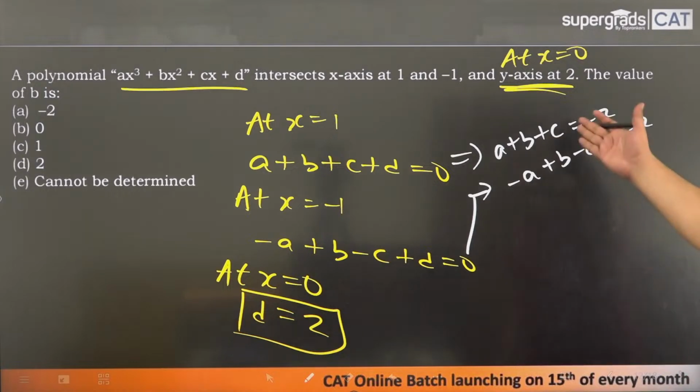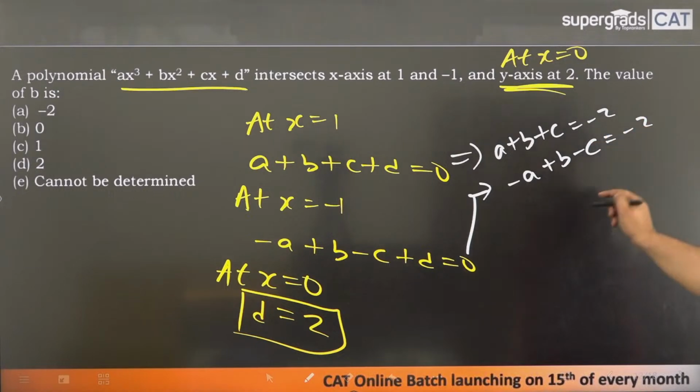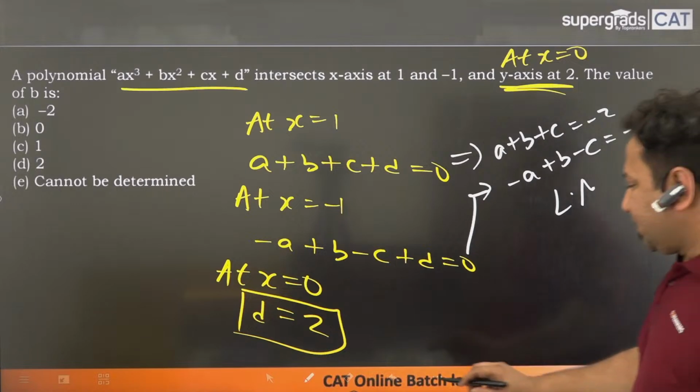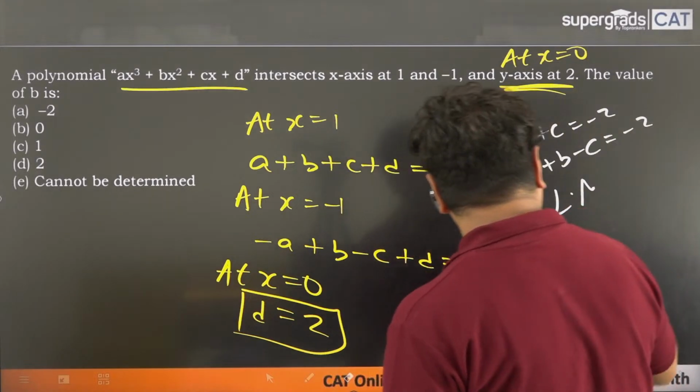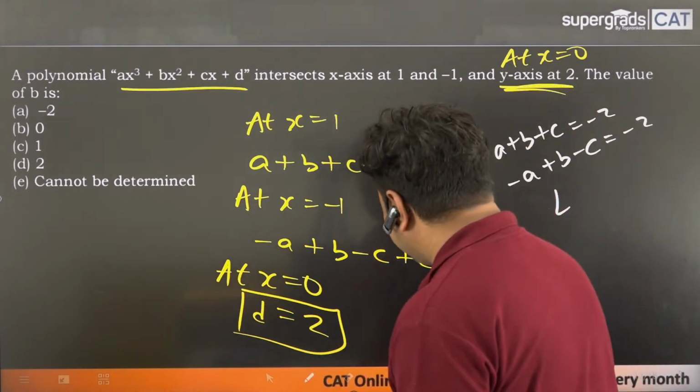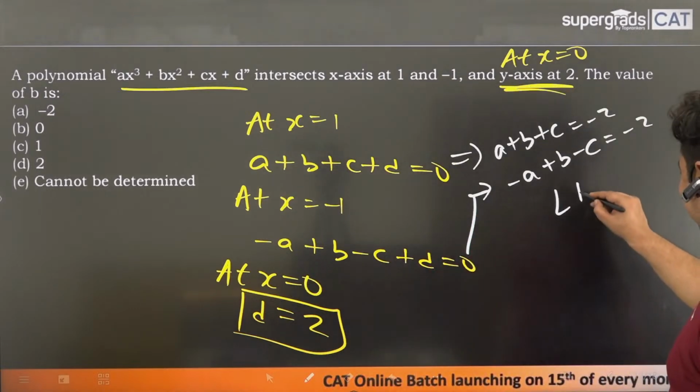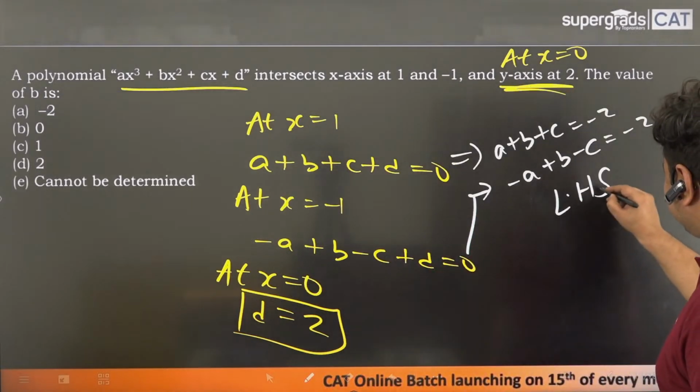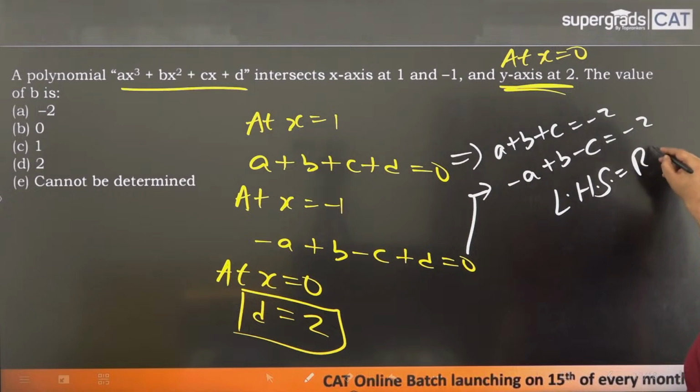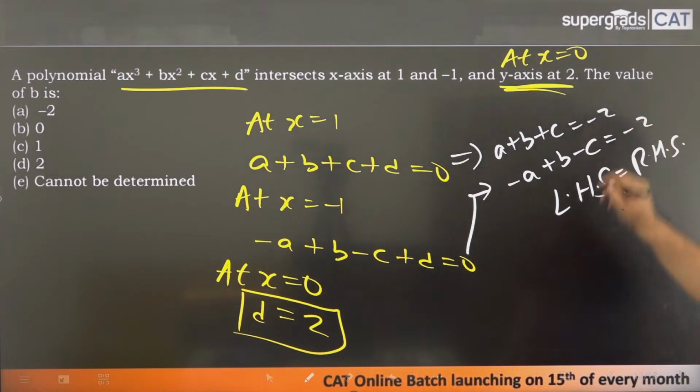Wow, which means these two are same. As we can see, the right hand side is same, so the left hand side has to be same, isn't it? Remember childhood? When we were small kids, that is what we aimed for, that somehow we have to prove LHS and RHS are equal. As you can see, in both the equations RHS is equal, so LHS has to be equal, right?